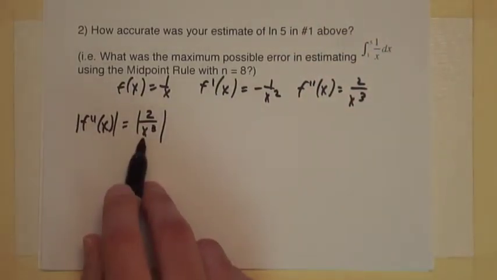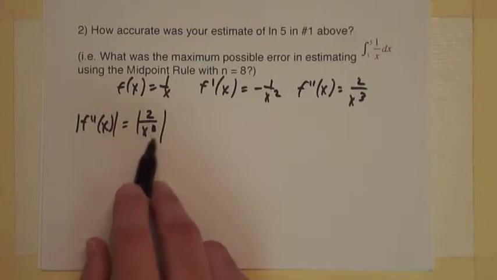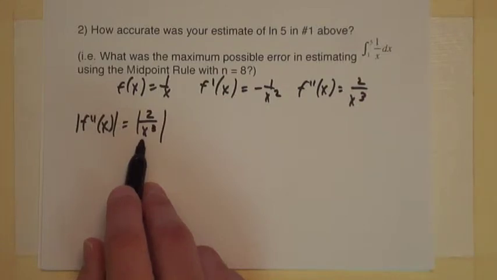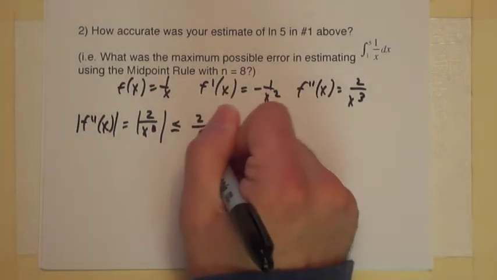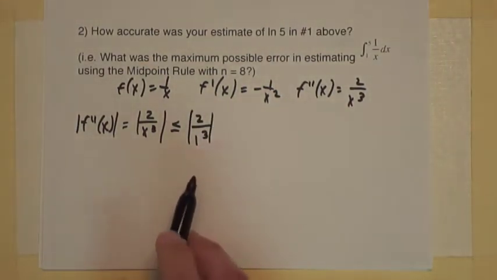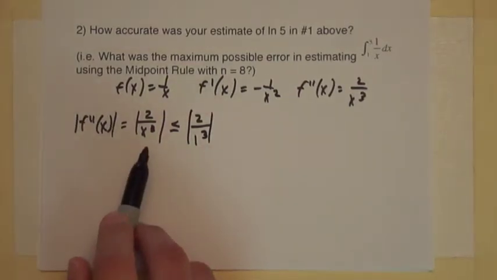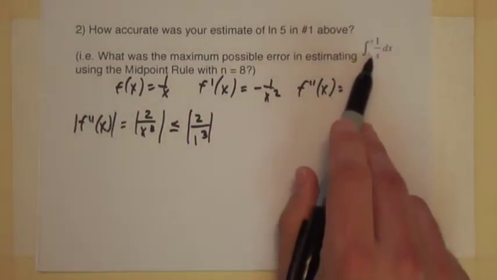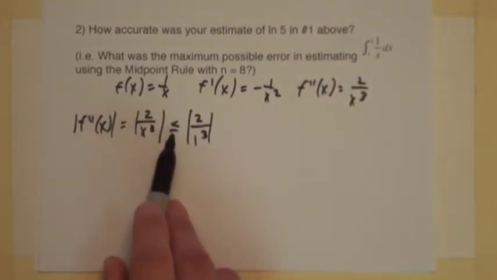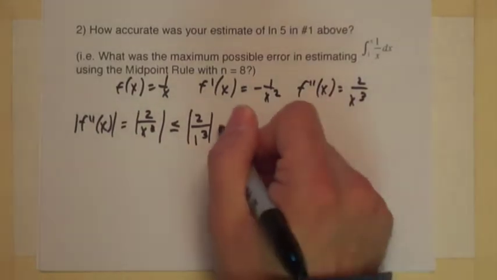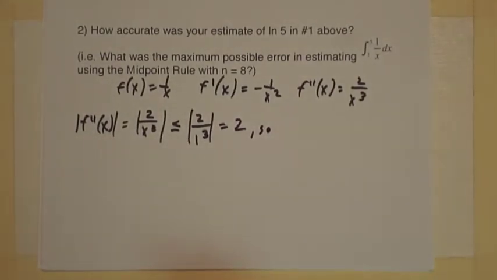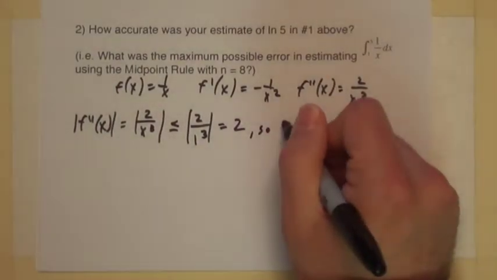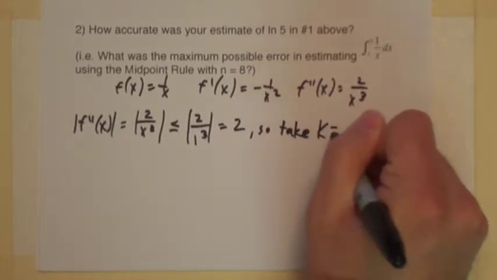So if x is a large number, this denominator will be large, making this fraction small. So if we want this fraction to be large, we have to choose the smallest possible value for x, which on this interval is 1. So this is less than or equal to 2 over 1 cubed. And at this point you should convince yourself that if x is between 1 and 5, 2 over x cubed is always less than or equal to 2 over 1 cubed, which is 2. So if we need k to be at least as big as this, we can take k equals 2.